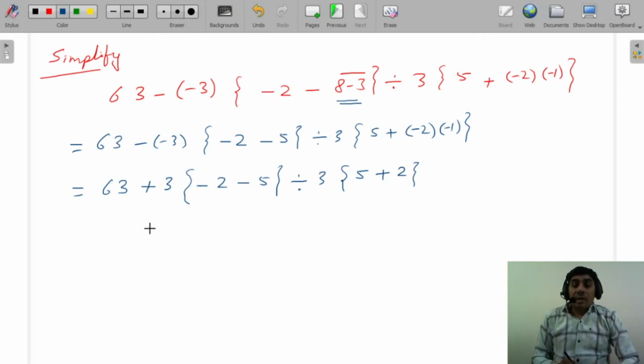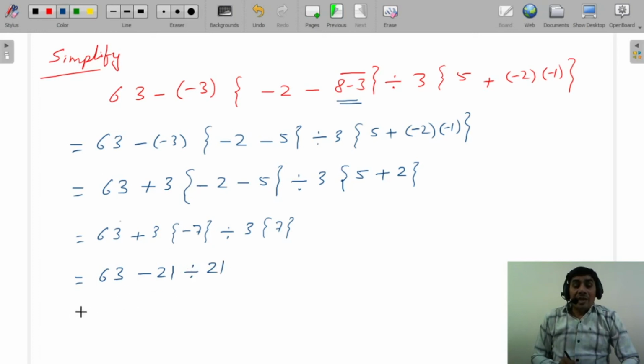Now in the next step we have to remove the curly bracket. 3 plus 3 into minus 7 divide by 3 into 7, which is equal to 63 minus 21 divide by 21.